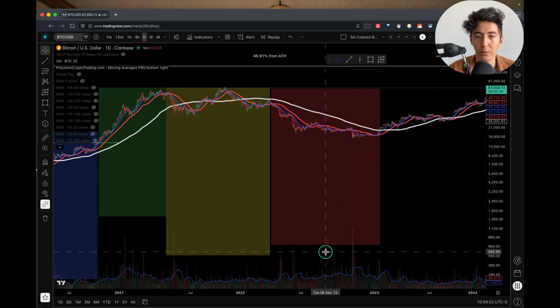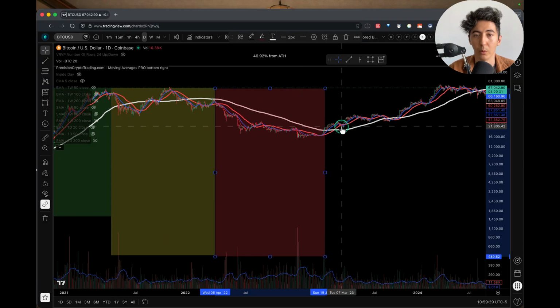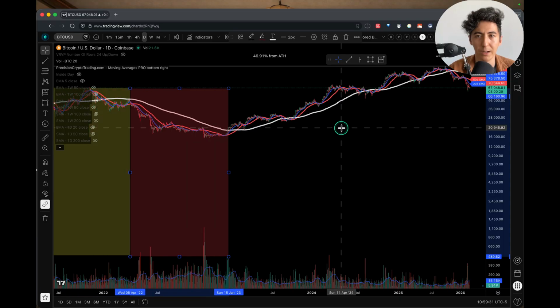And again, I'm just looking at the moving averages, and I'm just saying, based on where the moving averages are, based on how they're respecting it, where does it look like it's going up and down?